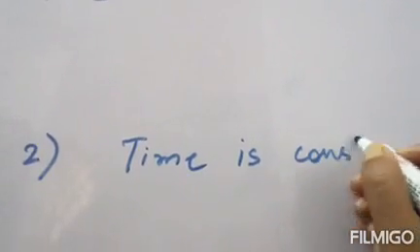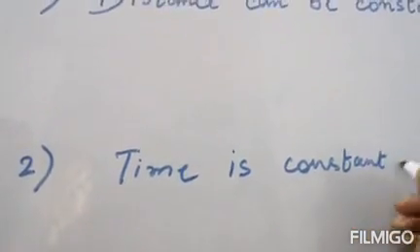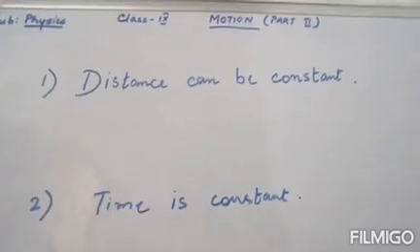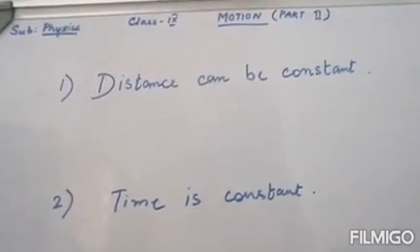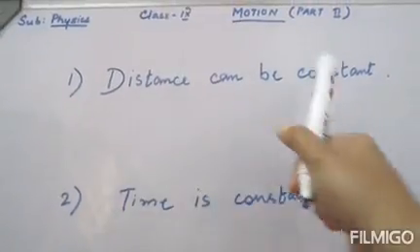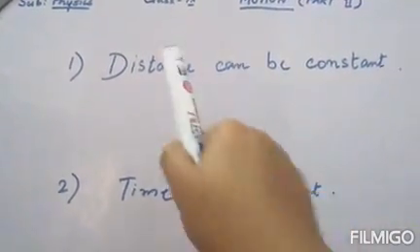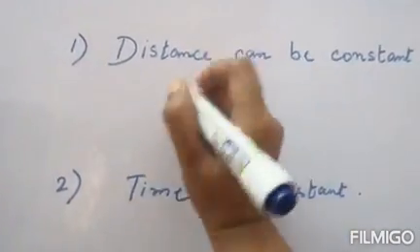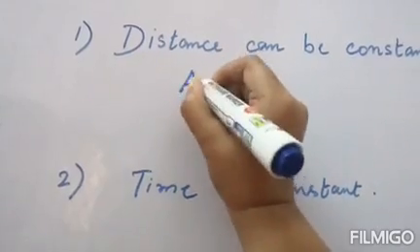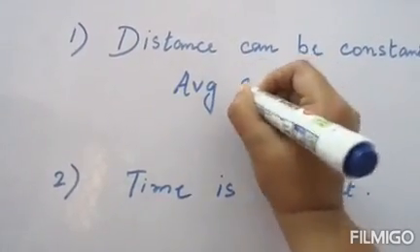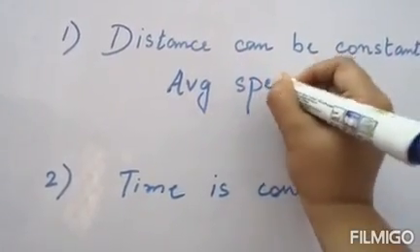There can be two cases of calculation of average speed when speed is given: distance constant and time constant. So when distance is constant, then average speed will be as follows.